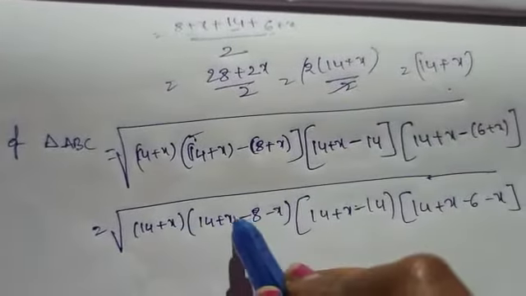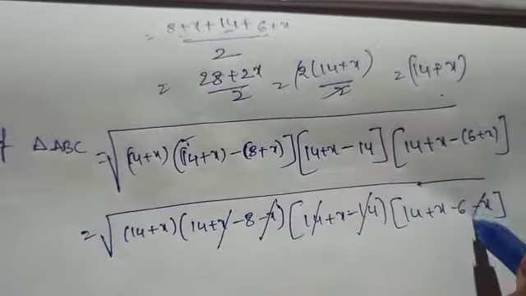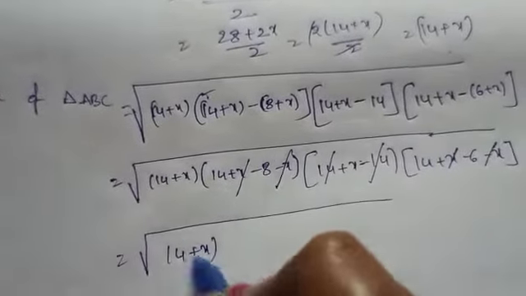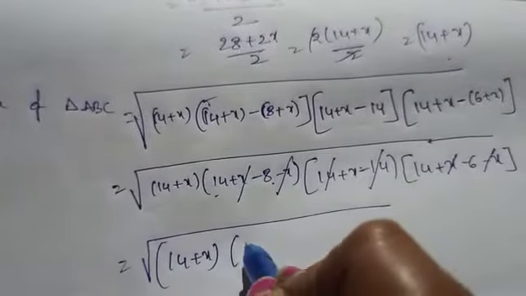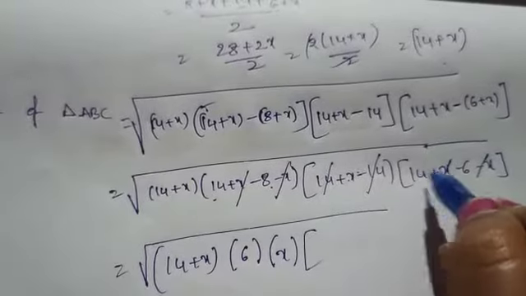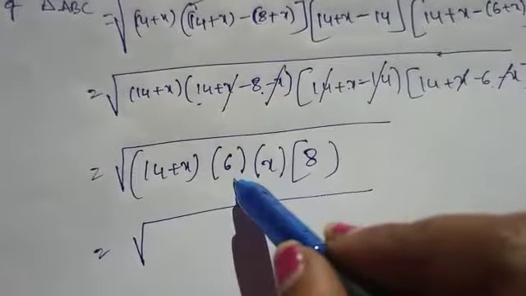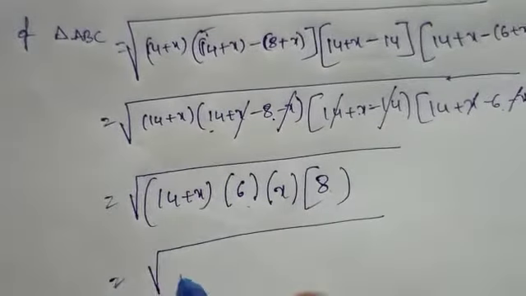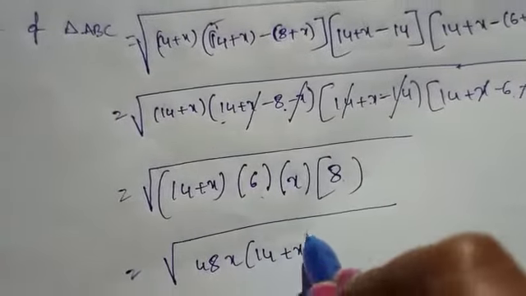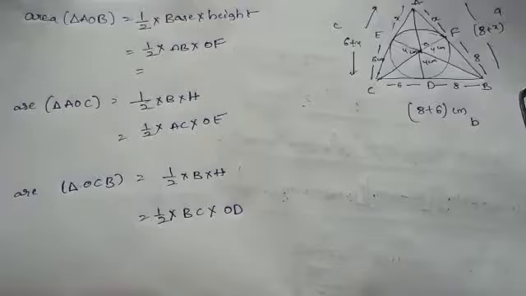Here plus x minus x get cancelled, plus 14 minus 14 cancel, minus x plus x get cancelled, remaining root over 14 plus x into (14 minus 8, value is 6), into x, into (14 minus 6, this value equal to 8). Therefore 6 8s are 48, so 48 into x into 14 plus x. This is the area of triangle ABC.